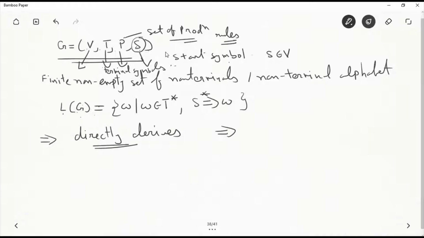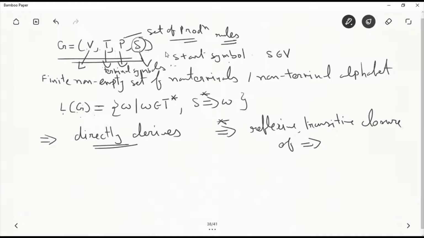And the star closure of directly derives is nothing but the reflexive and transitive closure of directly derives.